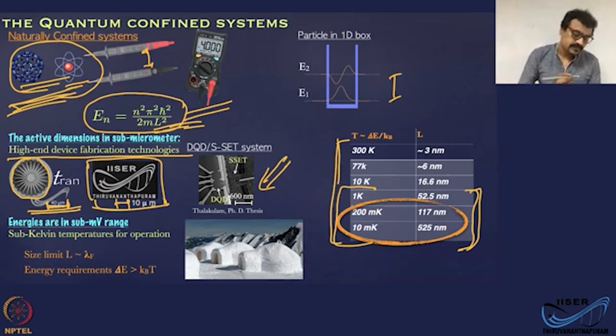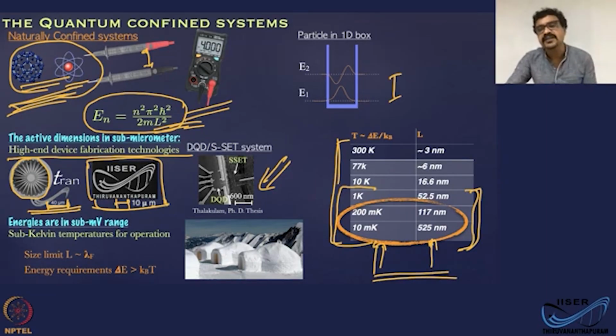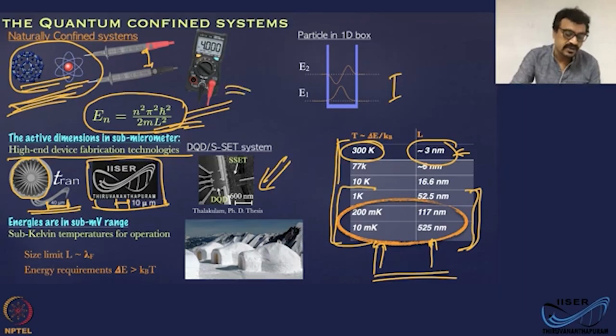So the transport study in this case for a quantum confined system now puts two constraints, two restrictions. Number one, that is on the size. Number two, that's on temperature. But these are actually interrelated. To see quantum effects at room temperature, you need systems of a few nanometers, but these are not addressable by your voltage and current probes.